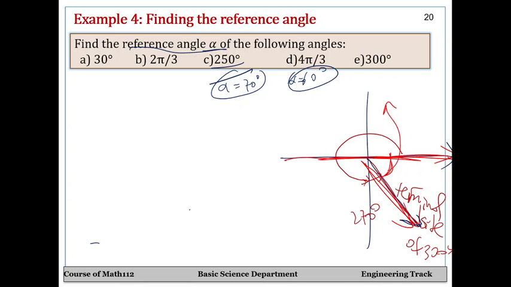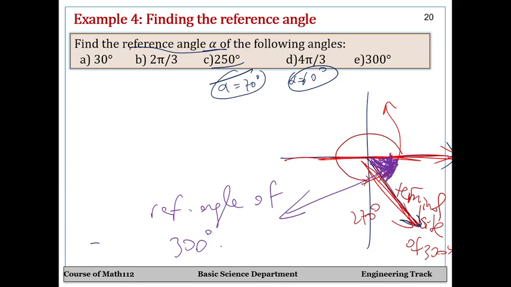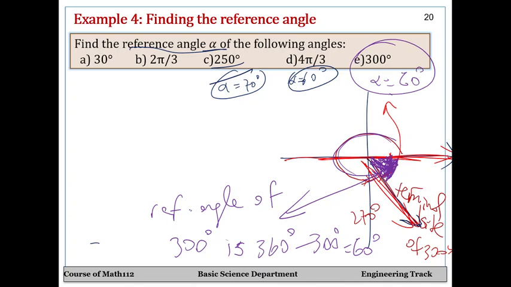So this should be the reference angle of 300 degrees. What is its measure? The full rotation is 360 minus 300. So it will be 60 degrees. You see this alpha is 60 degrees, the reference angle.